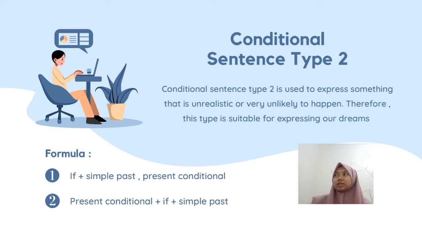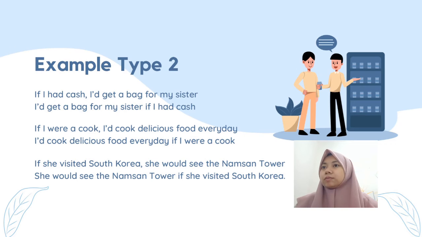So that's why when we use conditional sentence type 2, it means that we are talking about something unrealistic. Example of type 2: if I had cash, I'd get a bag for my sister. I'd get a bag for my sister if I had cash.